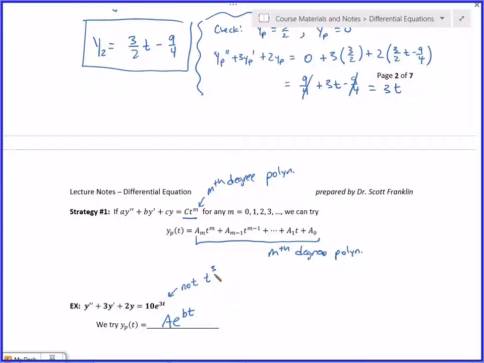So the only e to a power that's showing up on one side is e to the 3t, right? So on the left-hand side, I really only need e to the 3t's. I don't need any other things in front of the t. I just need e to the 3t. So I would suggest that we don't need a general b up there. We just need 3t.